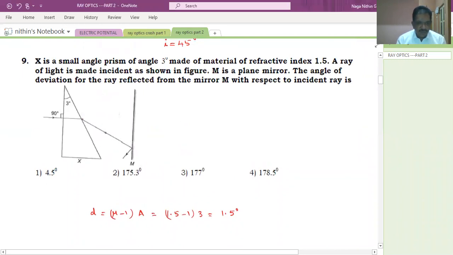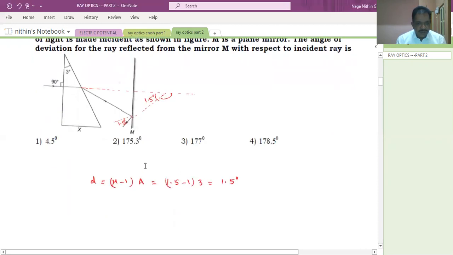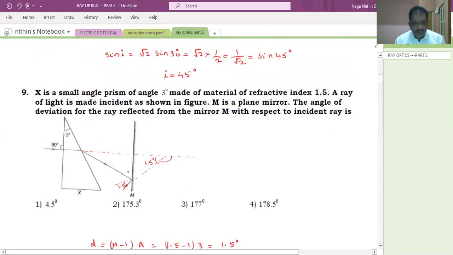Okay. So if we extend this light ray backward, this angle is how much they are asking. You draw a normal here, this value will be 1.5. This value is also 1.5. So what we have to find?